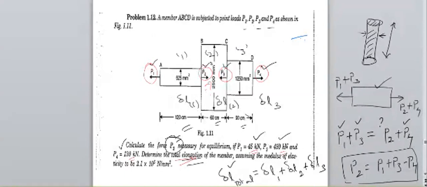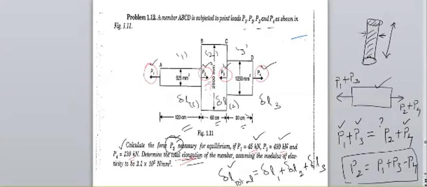P4 and P2 are the forces moving toward the right hand side, and P1 and P3 are the forces moving towards the left hand side.